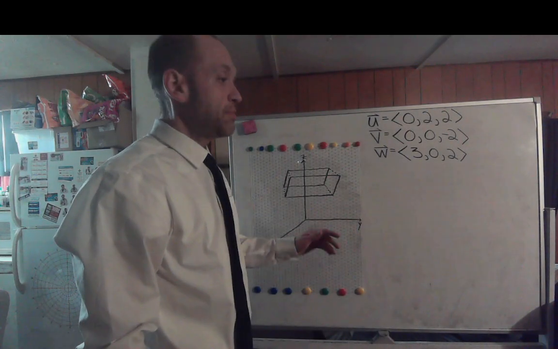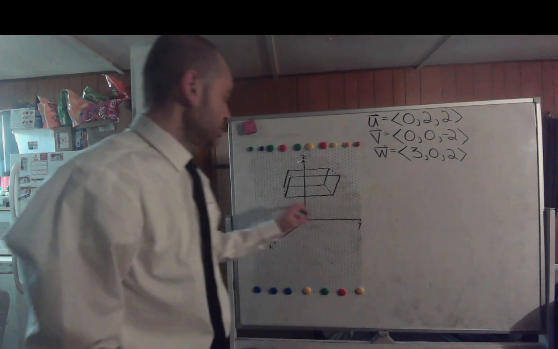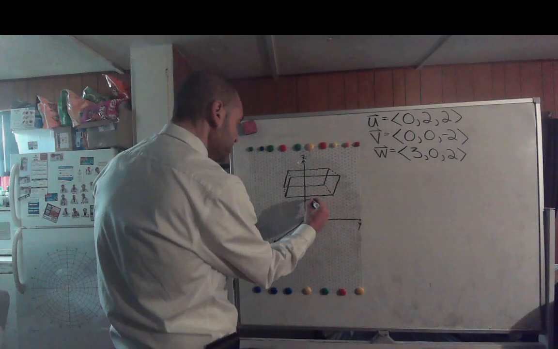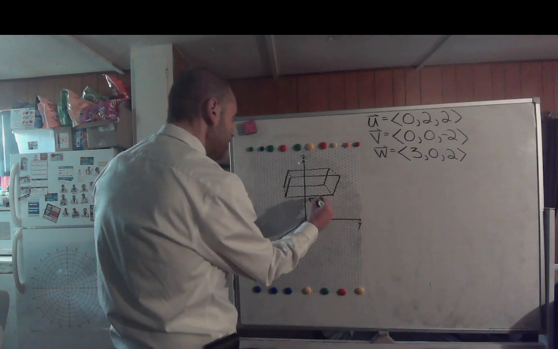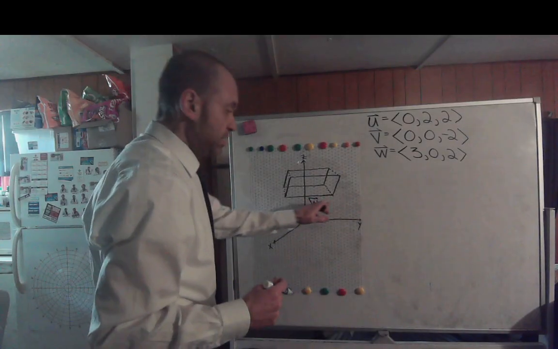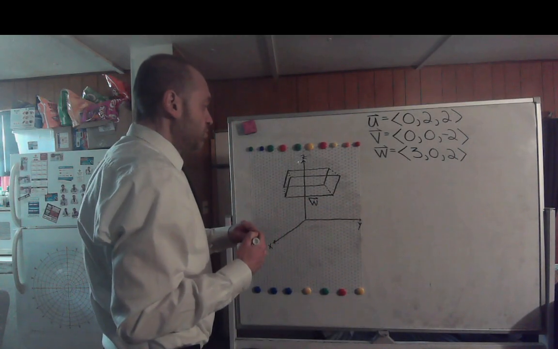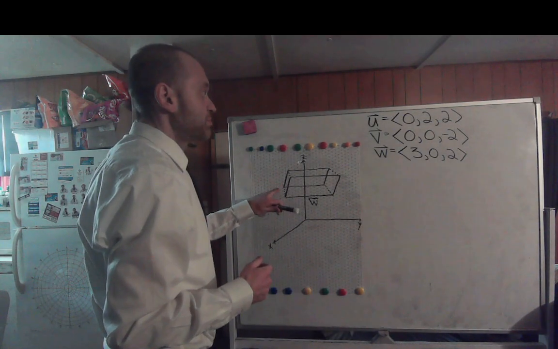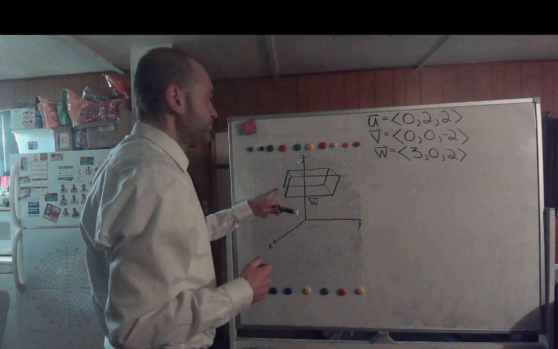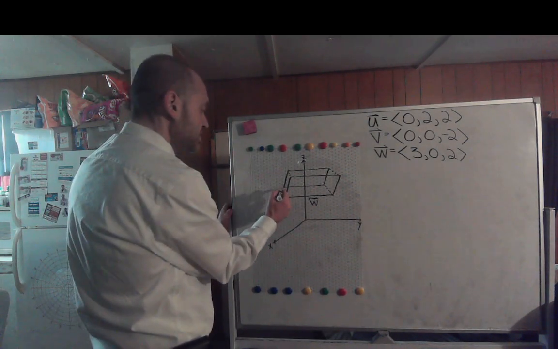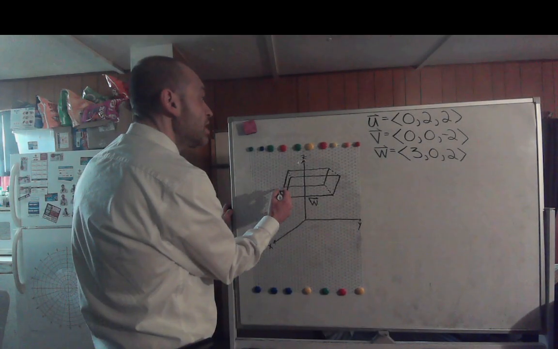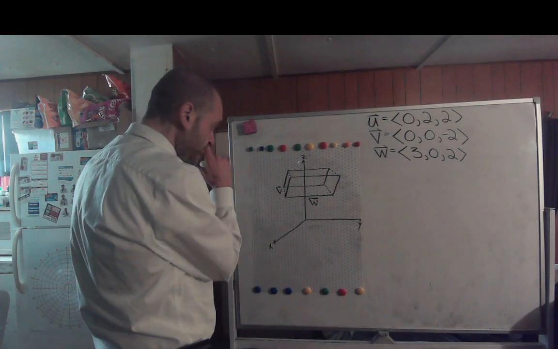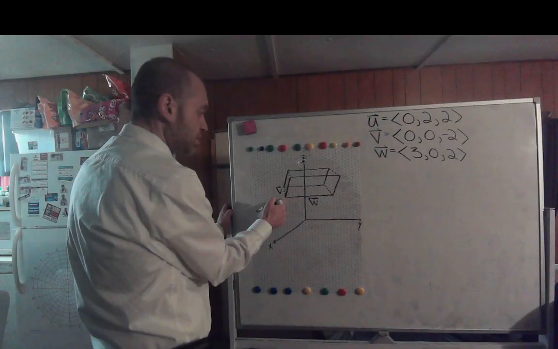Well, I'm probably going to call vector w my length along here. So we'll call this length vector w, because that'll be the length of my base. Now we can call my width of this parallelepiped, I'll probably call this here vector v for along here.